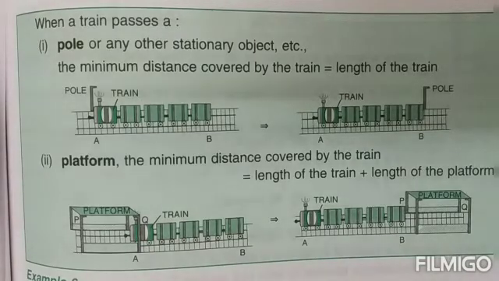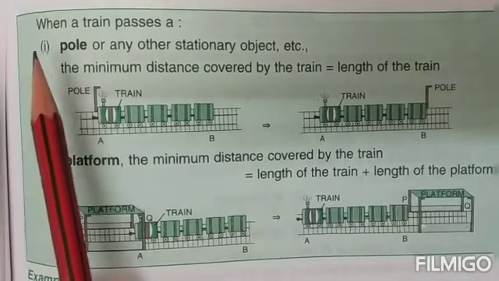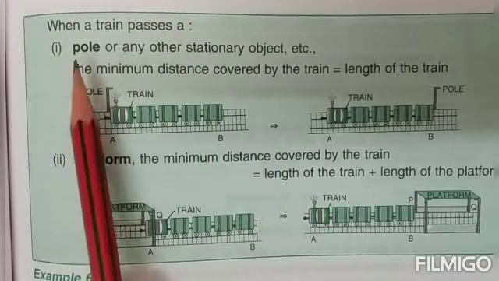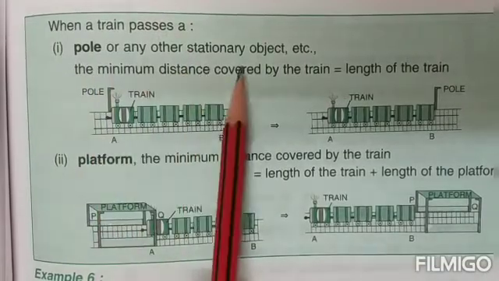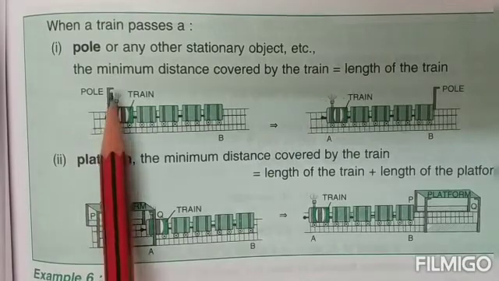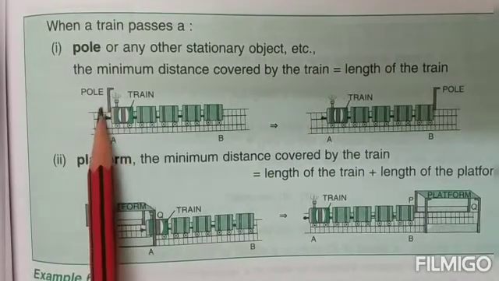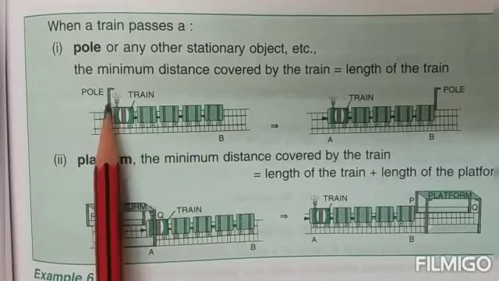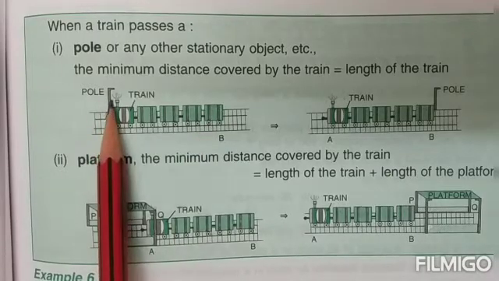Now for the next exercise, children, one thing we have to understand, and that is whenever a train is passing a pole or any other stationary object, like if it is passing any pole, you must have all traveled in train and you have seen when it is moving on the tracks, it passes certain poles also.